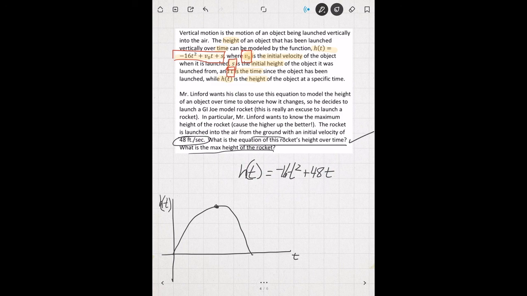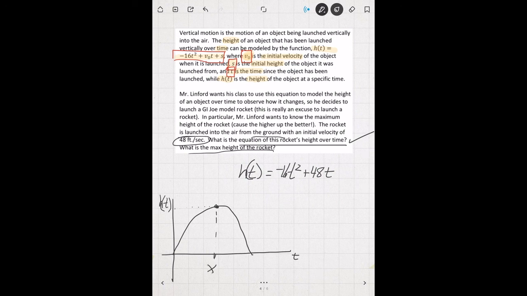So you should be saying to yourself, well, what's the vertex of that parabola? What's that height value? Well, there's a couple ways of going about doing this. We could go ahead and try to complete the square, but you know what? We've had some practice in that already. Why don't we use the vertex formula, the negative b over 2a business? So let's figure out what this coordinate point is here.